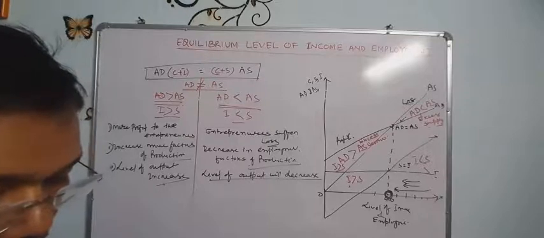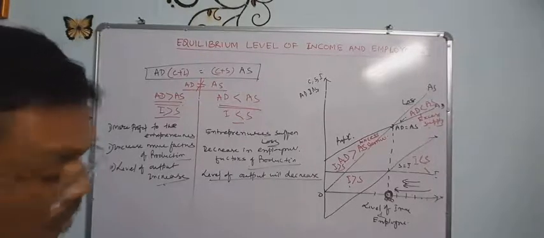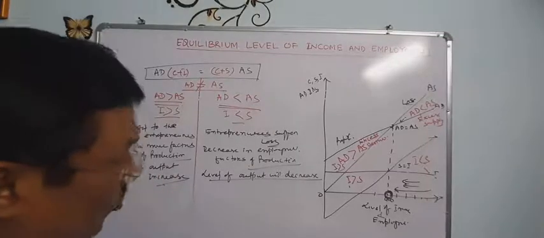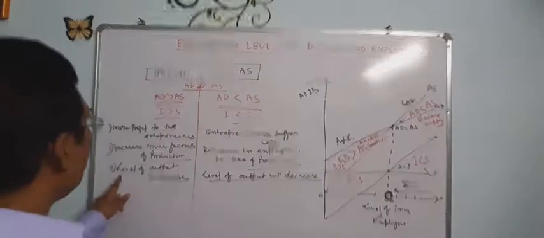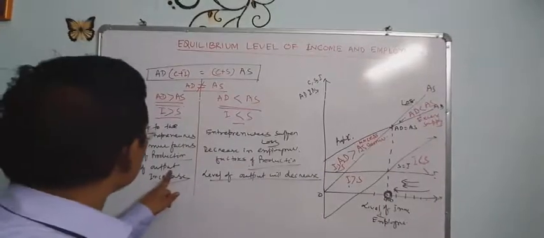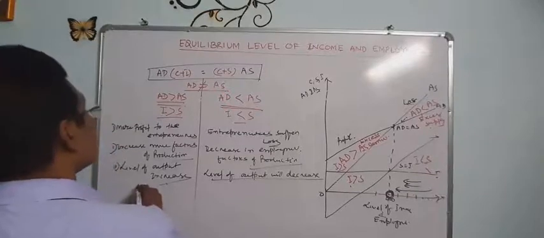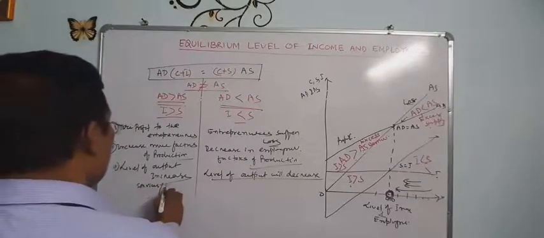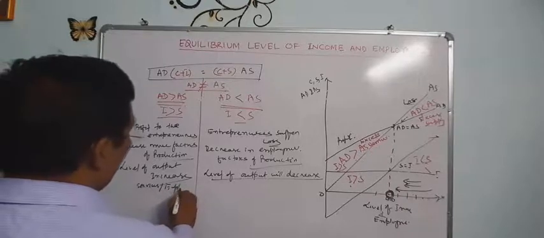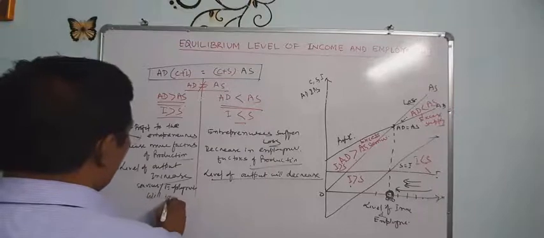Next, if AD is more than AS, the level of output increases, and employment and services will also increase.